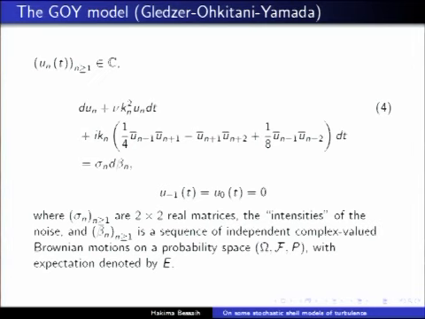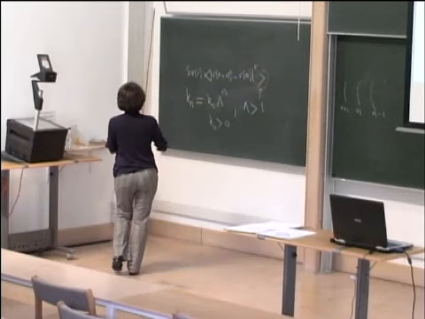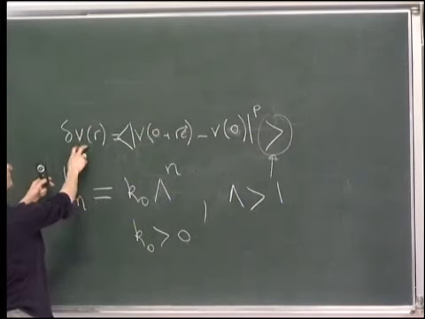So this is the nonlinear term, and here we are adding an additive noise for now. Sigma_n is the intensity of the noise, and beta_n is an infinite dimensional sequence of complex valued noises. Here u_n is complex valued, so my system is complex valued. This is my system, and you see here the equivalent of the structure function for Navier-Stokes.